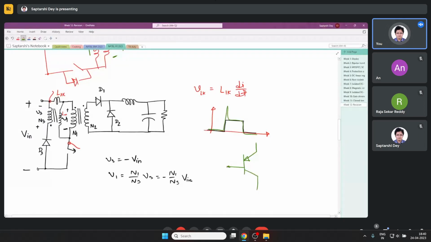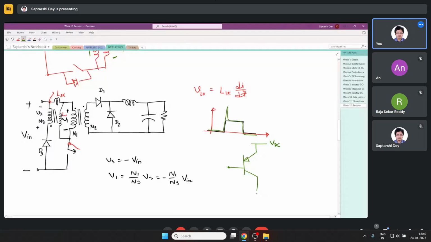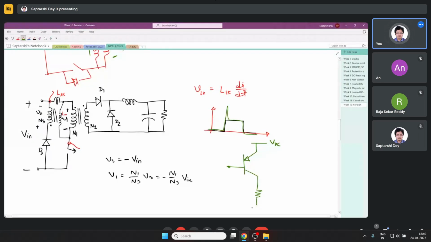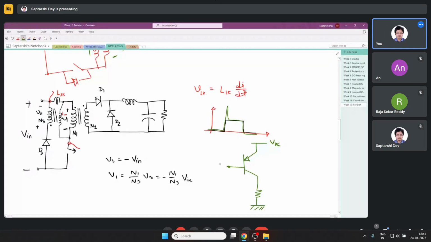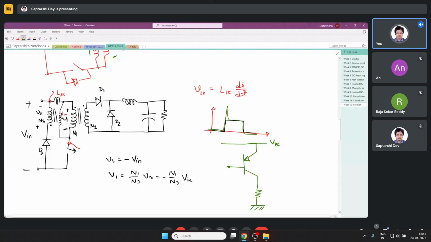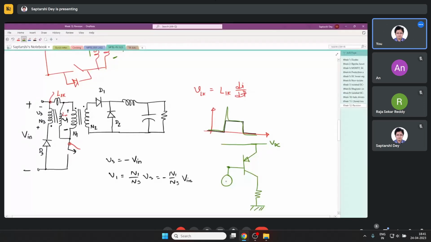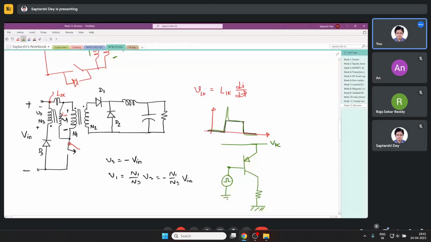So this is the PNP transistor. Say you have the DC voltage here, and the load here, and this is the ground, and say you are deriving this from some other ground.